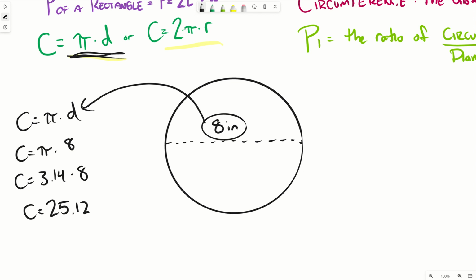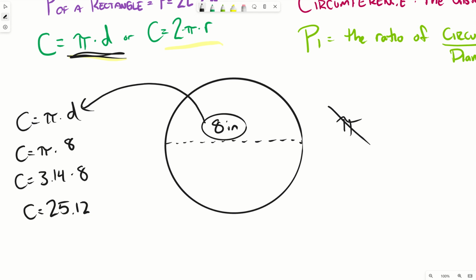Now, some of your calculators might have a pi button on them. Don't use it. Please use 3.14 because when you're trying to do the work, if you just use your pi button, since pi is actually greater than 3.14, it's going to give you an answer that's probably more exact, but not the simplified version using 3.14.